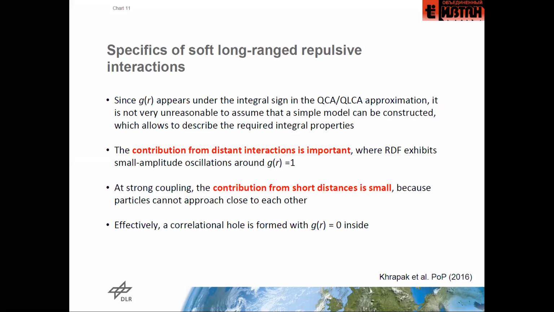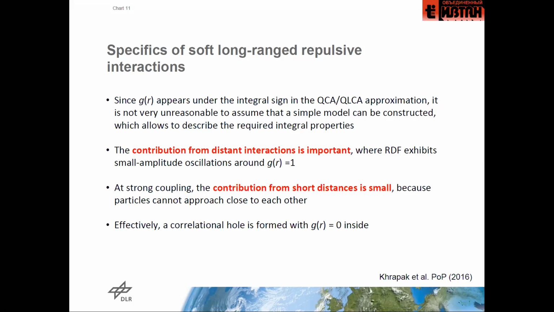That means the model radial distribution function should not necessarily be very close to its actual shape, but it should possess properties that will describe appropriately the integrals involving this function.